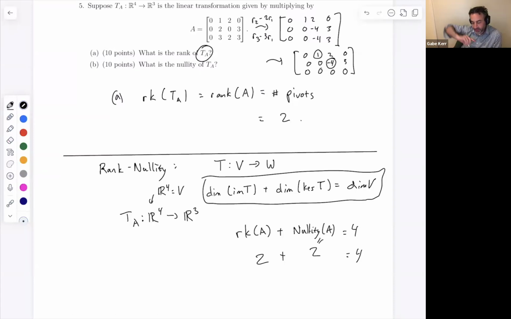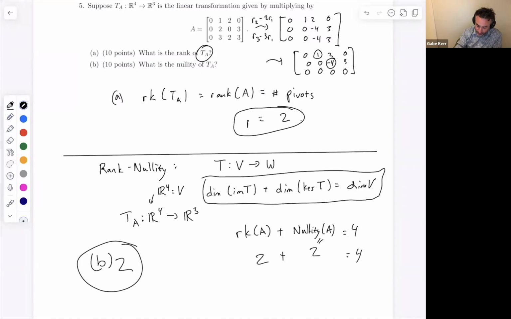So why is the nullity 2? Another reason is that the number of parameters in our parametrization of the solution space is the number of free columns, which is really the dimension of the solution space, if it exists. So another way you can say this theorem: the answer here is 2, and the answer here is also 2.